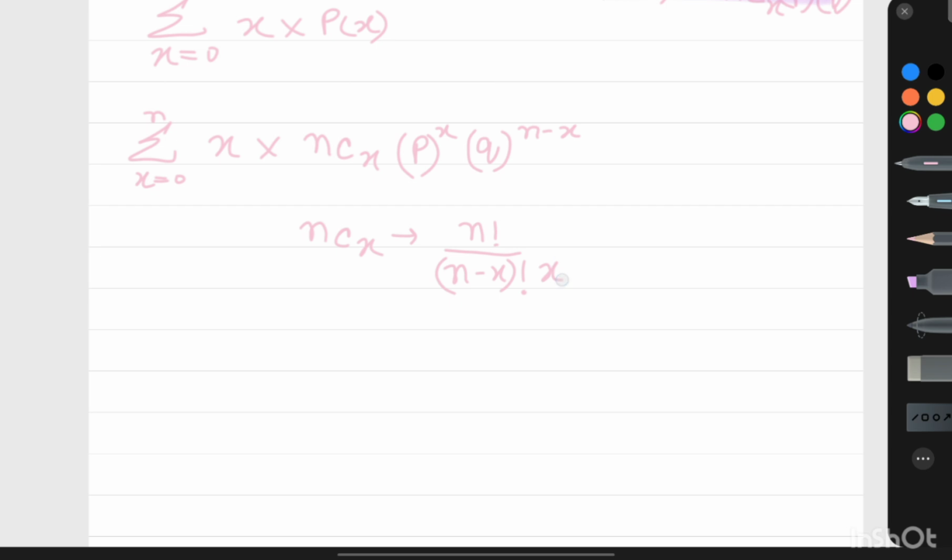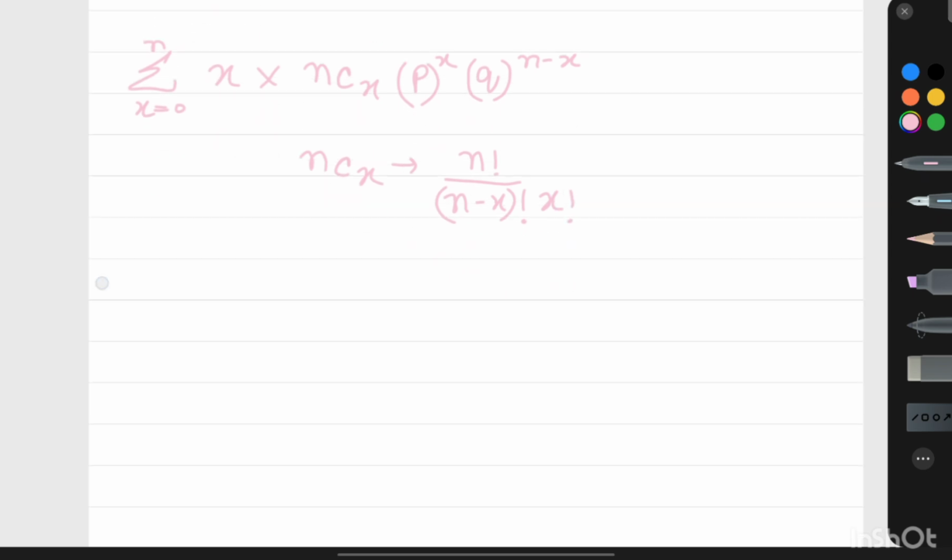Okay, so this is the formula. Now we are going to substitute in the above equation. So sum for x equal to 0 to n of x into n factorial upon (n minus x) factorial x factorial.